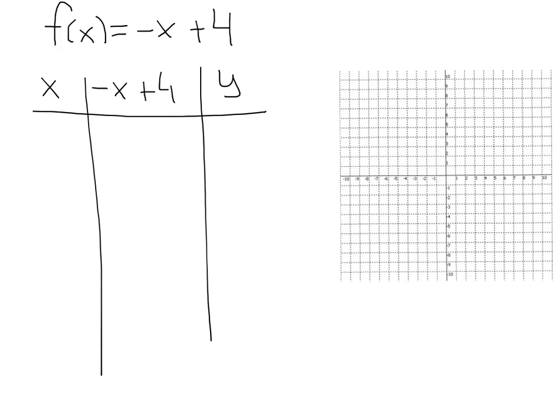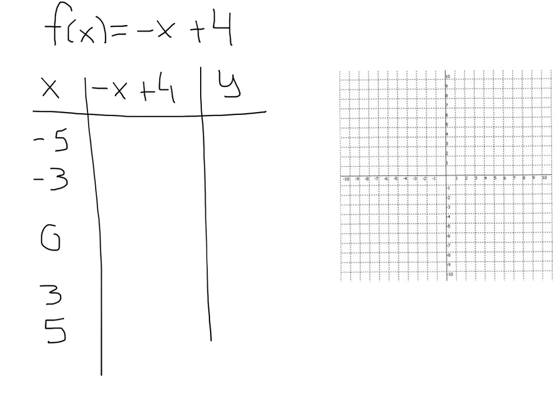Alright, so we don't have a fraction, so we don't have to worry about that denominator and trying to figure out special x values. So let's just do two negative numbers, a 0, and two positive numbers. So I'm just picking random ones. -5, -3, 0, 3, and 5.